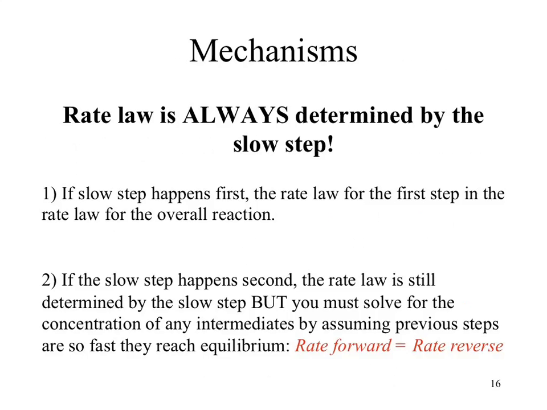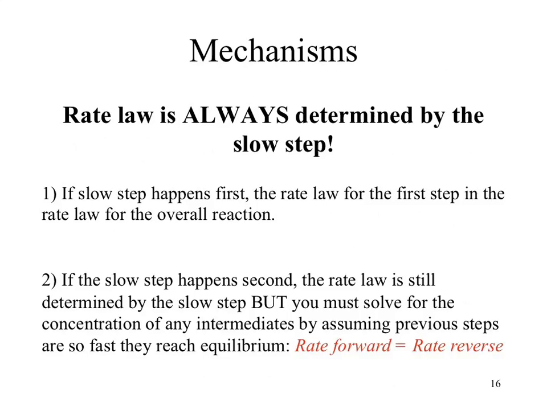Mechanisms, we actually just talked about this. Our rate law is always going to be determined by the slow step. There's two ways that we can end up seeing this problem fall out. If our slow step happens first, it's nice and straightforward, simple. We just say that our overall rate is equal to the rate for our first step, and we're done. If our slow step happens later in the reaction, it gets much more complicated, as we just saw.